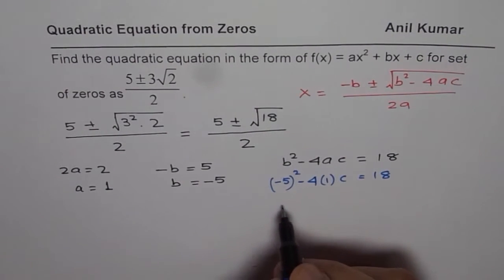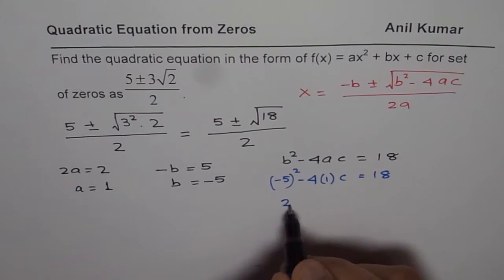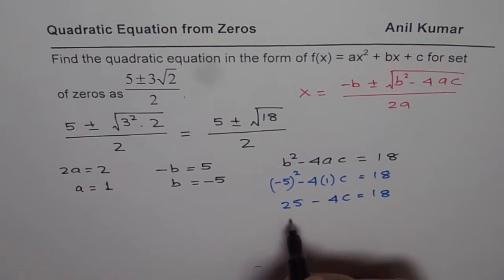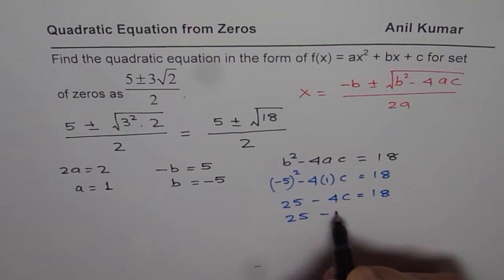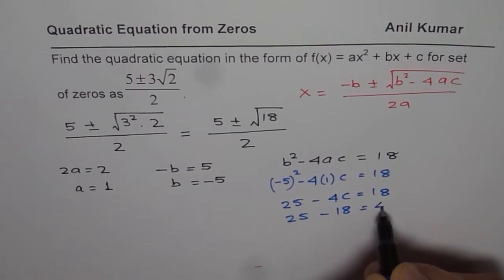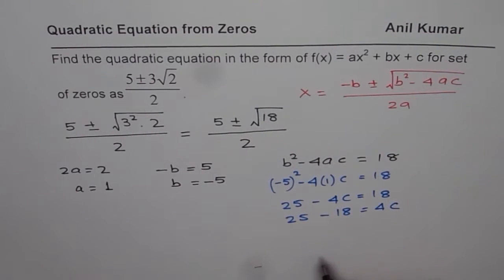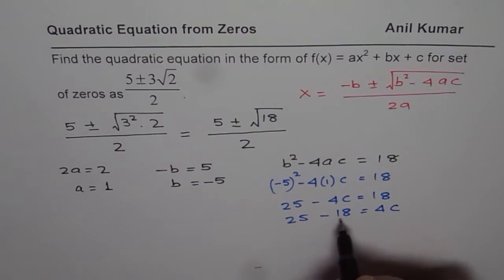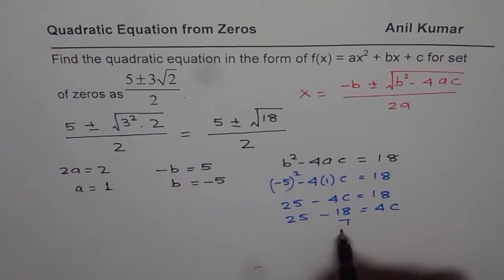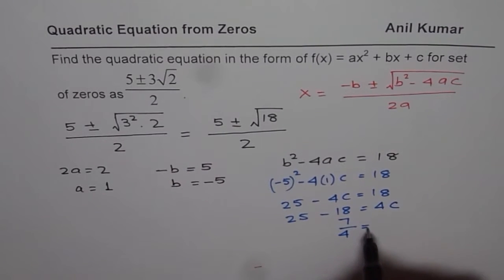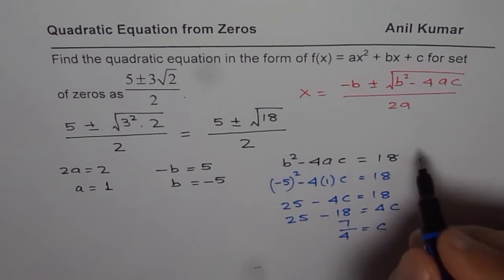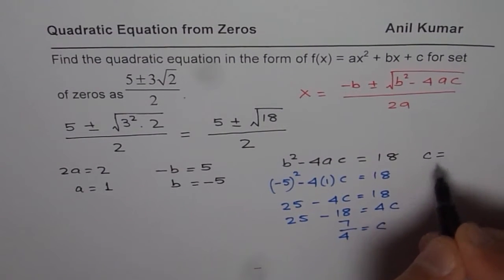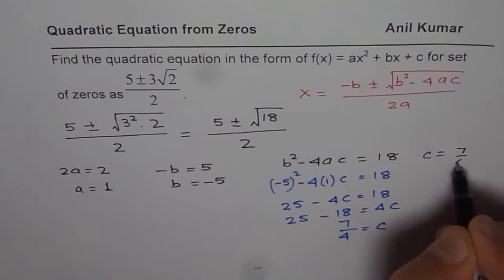So we have 25 minus 4c equals 18, or 25 minus 18 equals 4c. So that gives us 25 minus 18 is 7. So we get 7 divided by 4 equals c. With that we get the value of c also. So c for us is equal to 7 over 4.